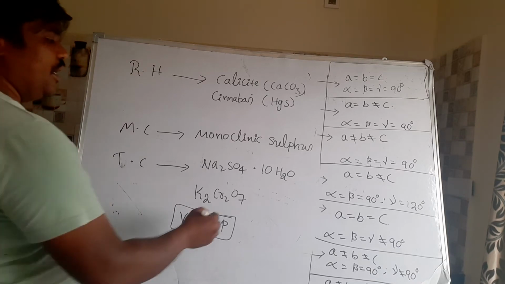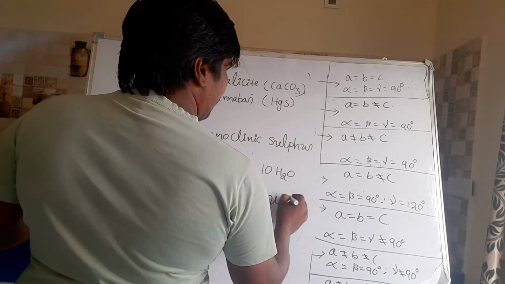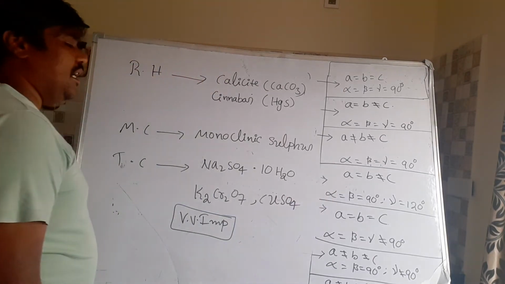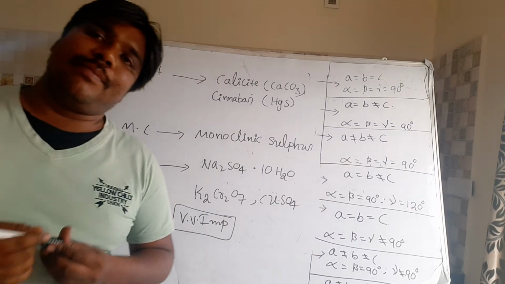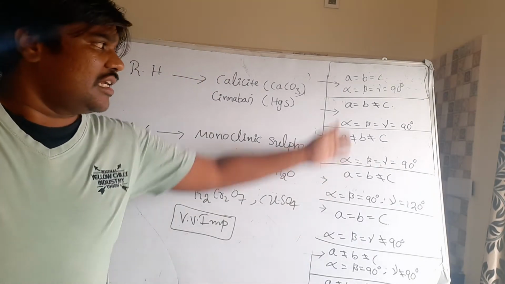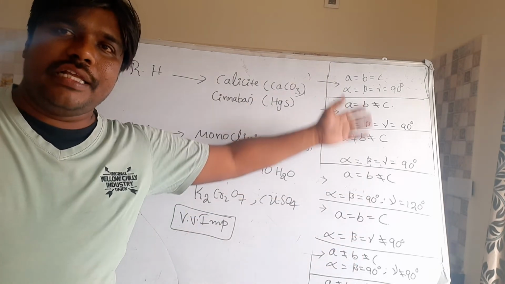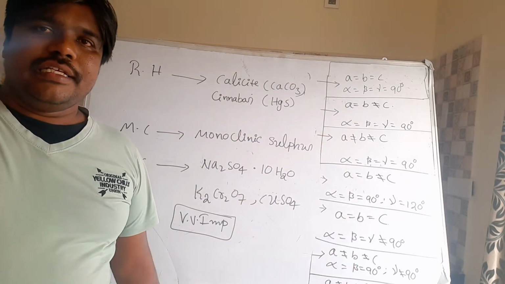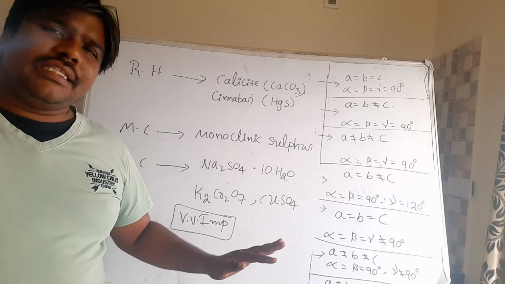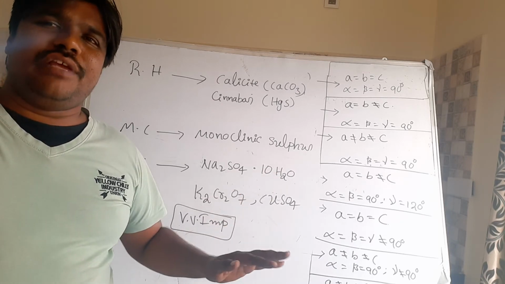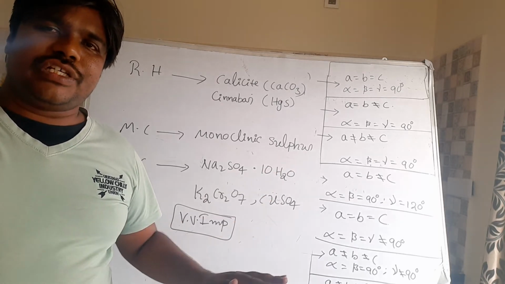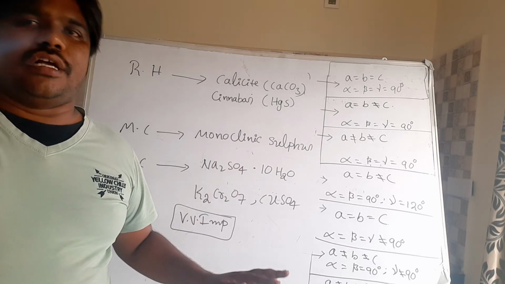And again CuSO4. Yes, this is the complete information about crystal systems, Bravais lattice and their parameters. Clear? So this is very essential information for your calculations, for your board examinations also.